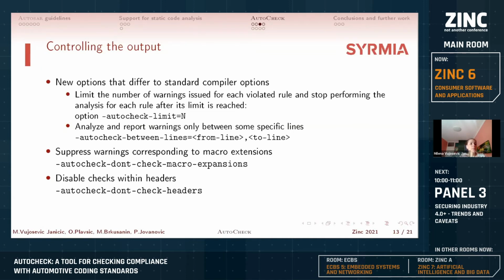First is to limit the number of warnings issued for each violated rule and to stop performing the analysis for each rule after its limit is reached. And the second is to analyze and report warnings only between some specific lines. There is also an option to suppress warnings corresponding to macro expansions. So please go to the next slide.